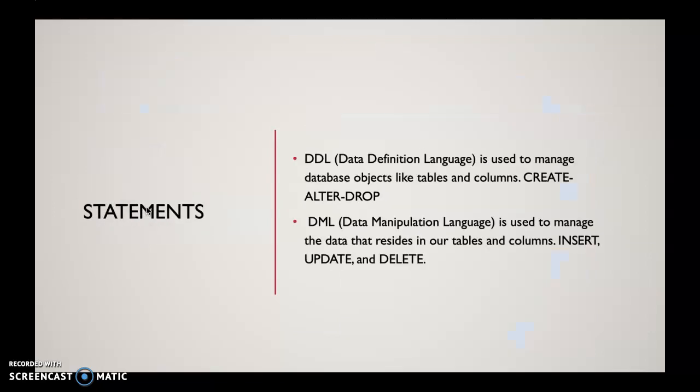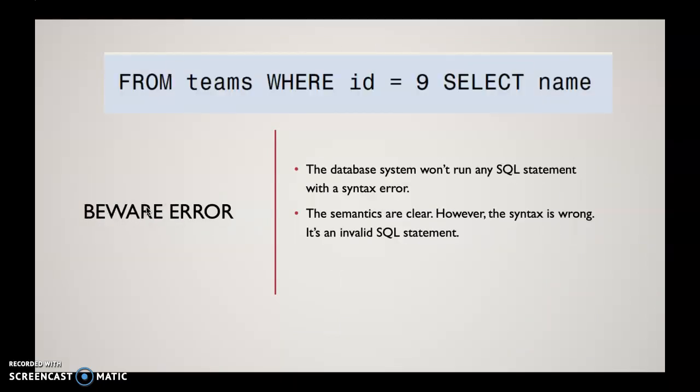So if we write only from teams where ID equals 9, select name, it won't be in order, and the computer will mark an error, and the database system won't run.